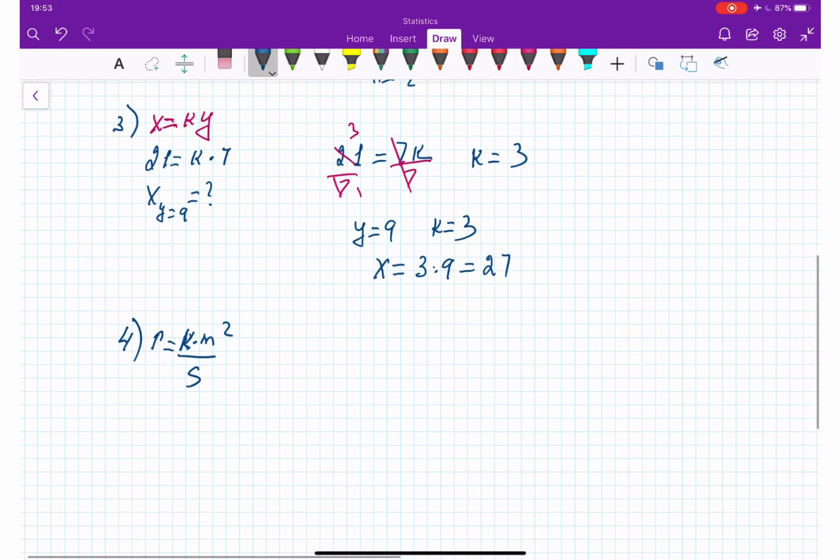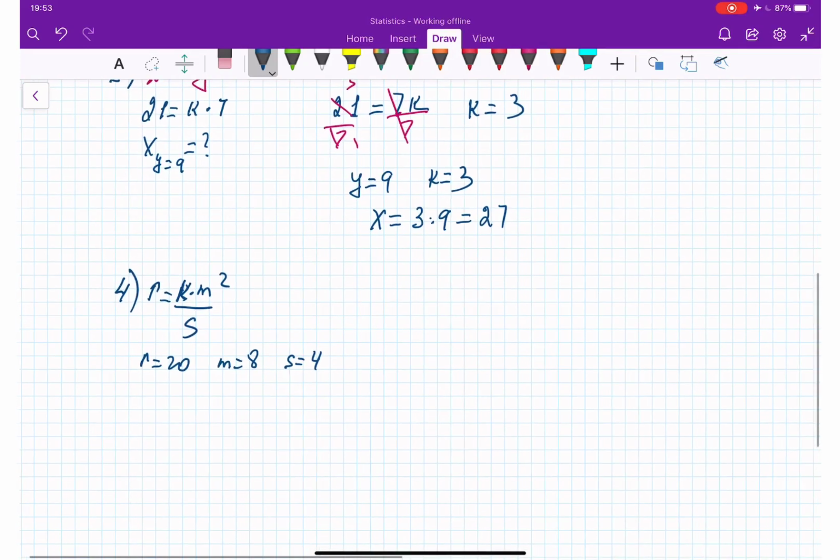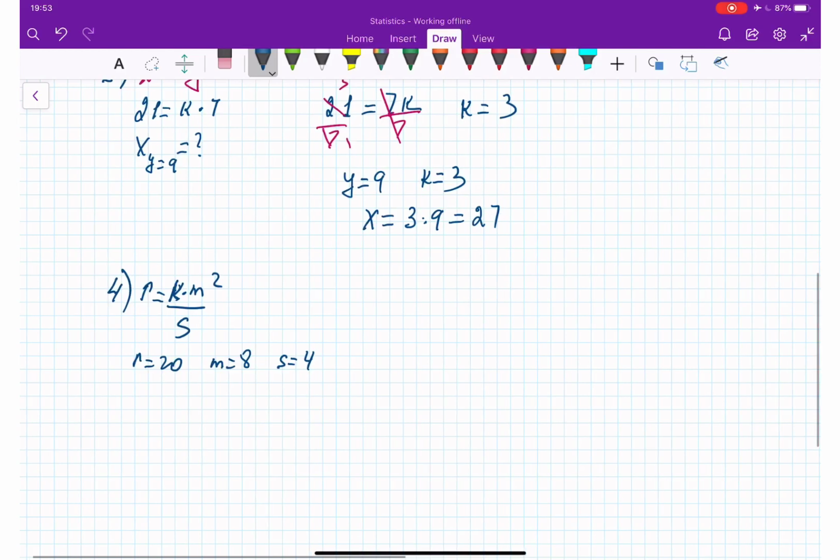Okay, so r is equal to 20, m is equal to 8, and s is equal to 4. We need to find r for m equal to 24 and s equal to 4.